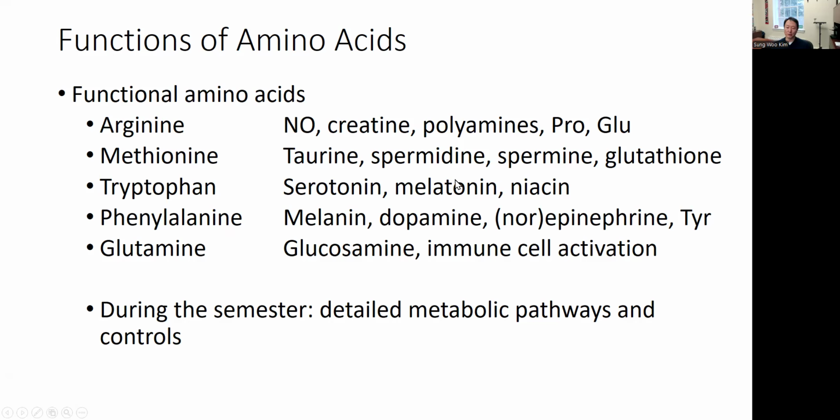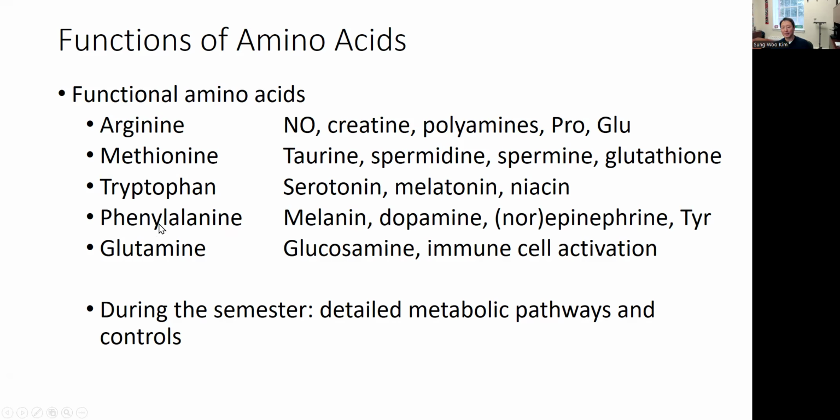Melatonin is also related to circadian rhythm and causes sleepiness. And even though it is not efficient at all, tryptophan can be converted to niacin. Niacin is a B vitamin. So niacin can be obtained from tryptophan, but very poorly, at a 30-to-1 ratio.